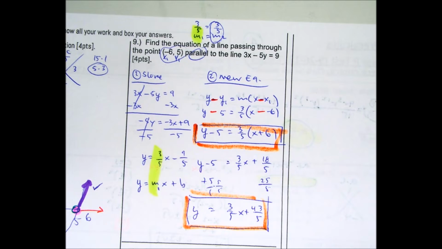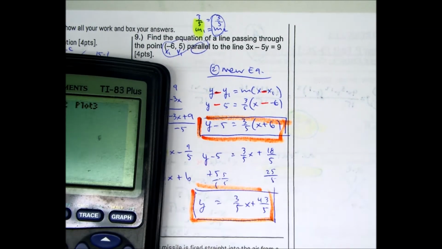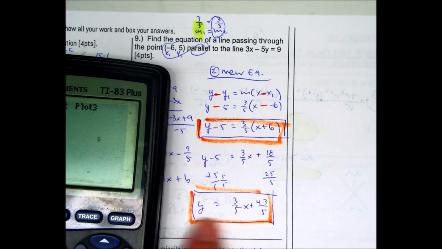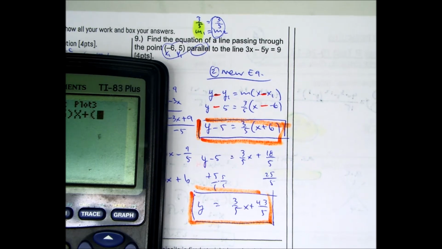And then you can always use your graphing calculator to give yourself a visual. Let's put this one in. Three-fifths x plus 43 divided by 5.